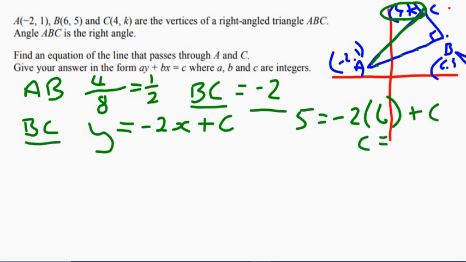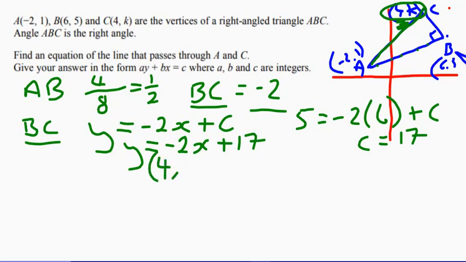If you rearrange that, c equals 17. So y equals minus 2x plus 17. Now if you plug that 4k in, we can work out what k is. If I plug 4 in to this, it's going to give me 9.